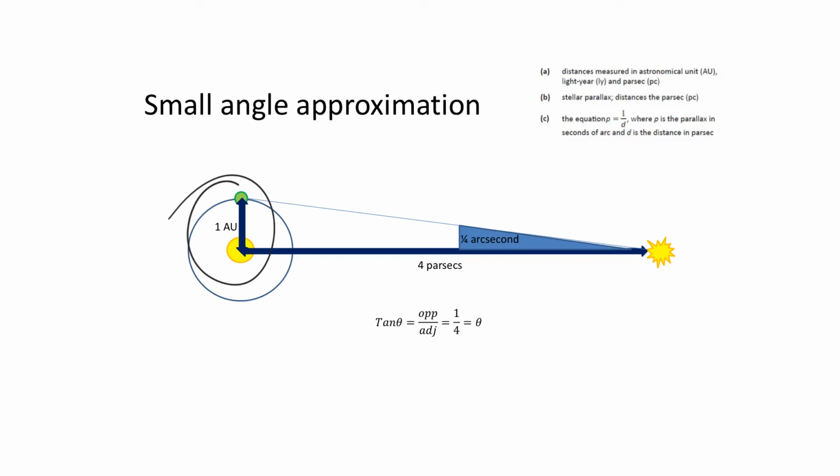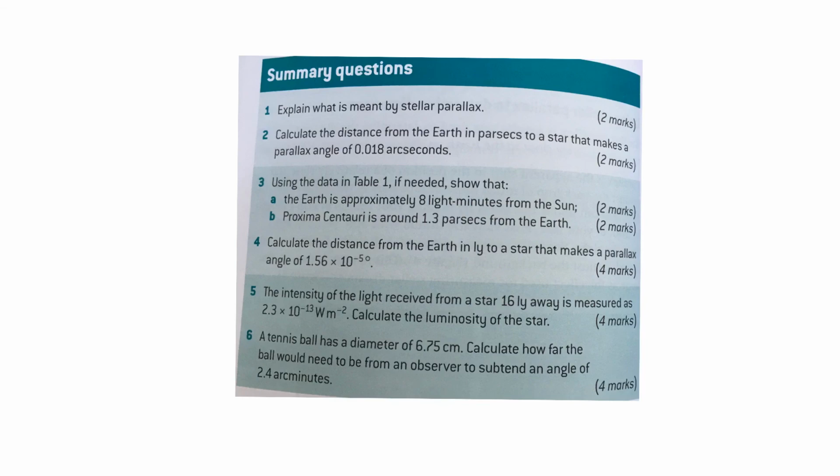Likewise with this one, we've still got 1 AU, but this time our star is a lot further away. It's 4 parsecs, so consequently the angle would be a quarter of an arc second. Let's double check. tan theta, with the small angle approximation, goes to theta. Opposite is 1 AU, and adjacent, our distance, is 4. So theta equals a quarter.